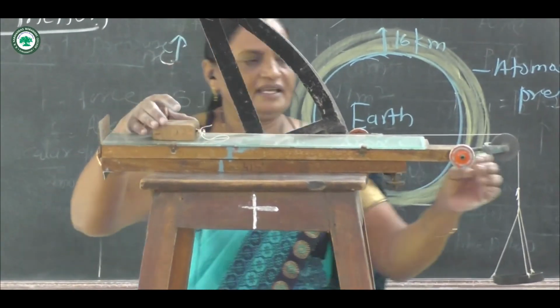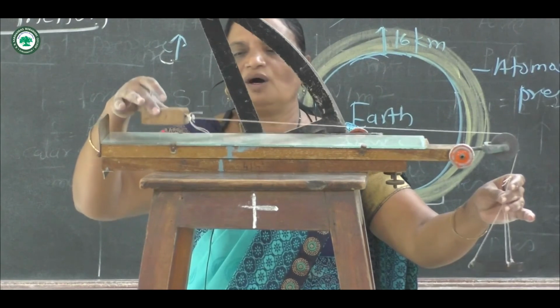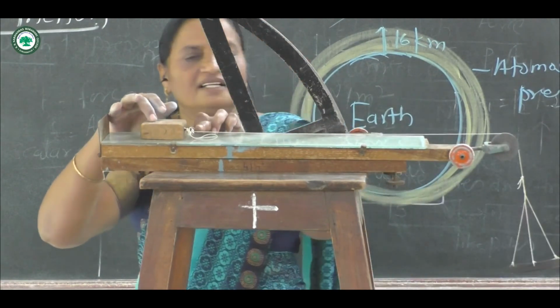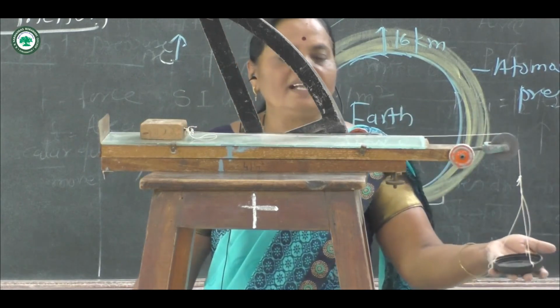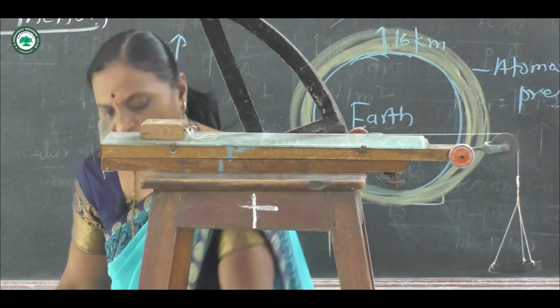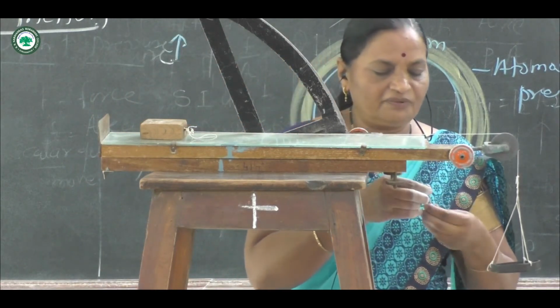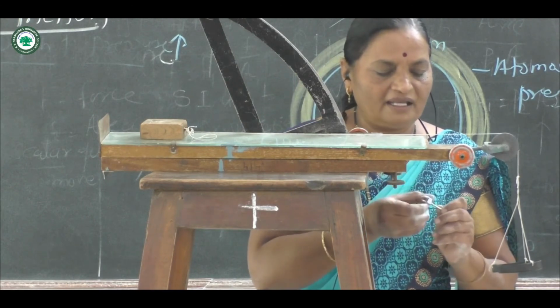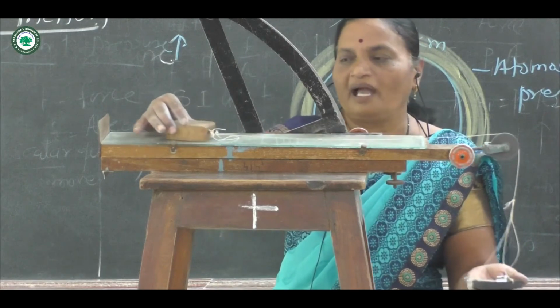Suppose this is a wooden block kept here, a string is attached to the wooden block, and the other end of the string is attached to a pan. If we apply force in the pan, the block can be moved.